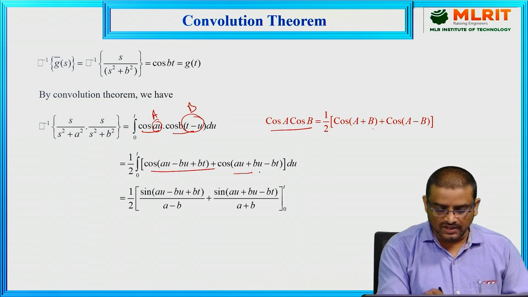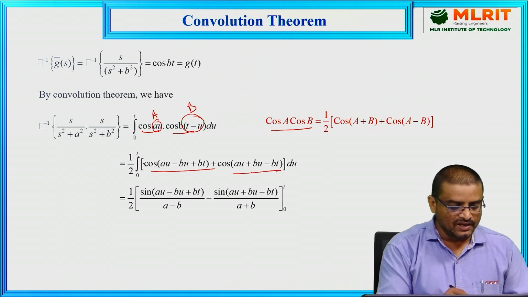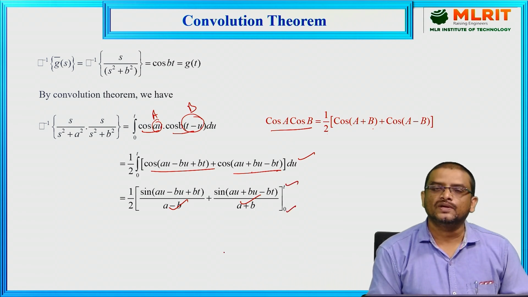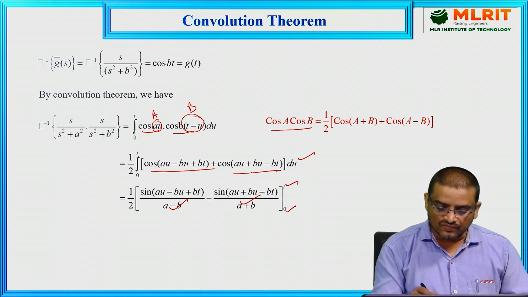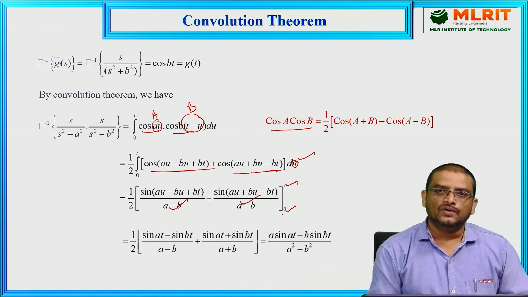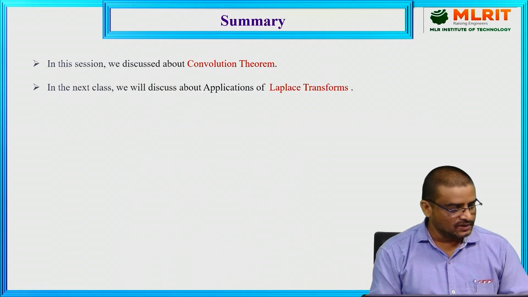Then find the integration with respect to u, and we will get this value. In this, substitute the upper limit and lower limit: replace u with t for the upper limit and u with 0 for the lower limit. Now simplify this.